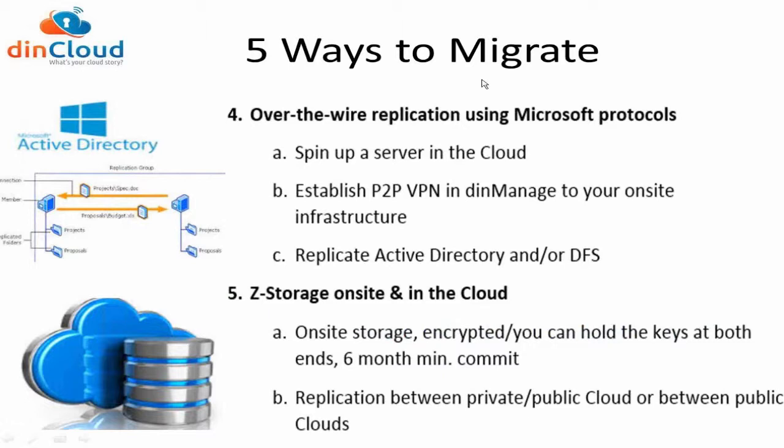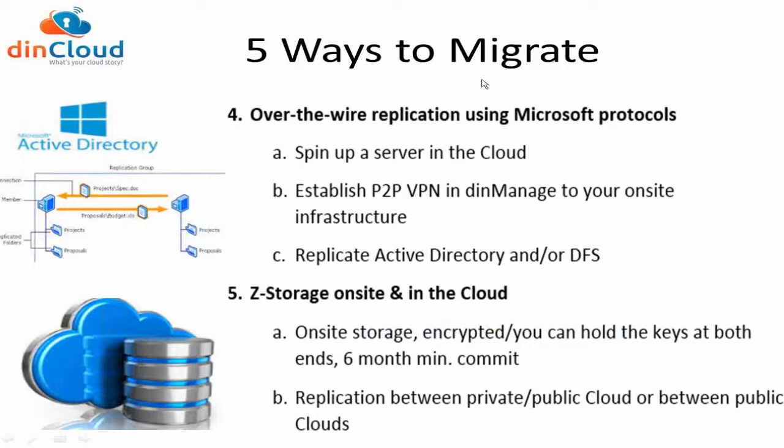So you could have virtual desktops in the cloud, physical desktops in your office. You have one file share that is synced in both directions on two different DFS servers, one in the cloud, one in your site, and everybody's happy because they have the fastest local access, whether they're in the cloud or on-premise, to those files. And we have engineers and plenty of channel partners that will help you configure that, and it's very easy to do.